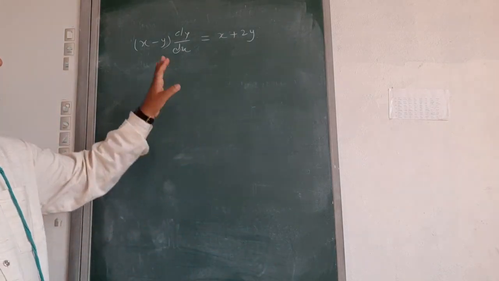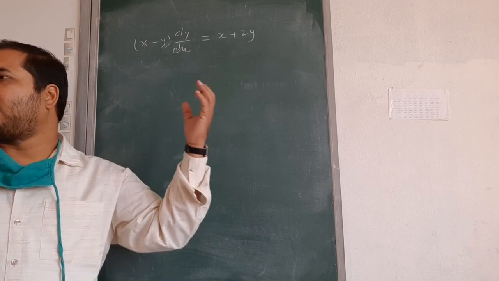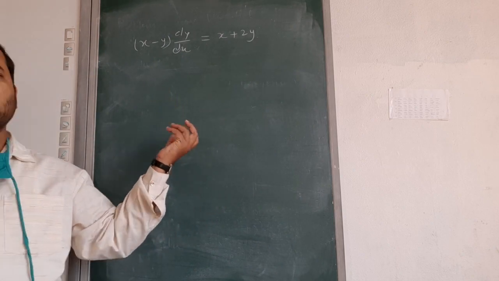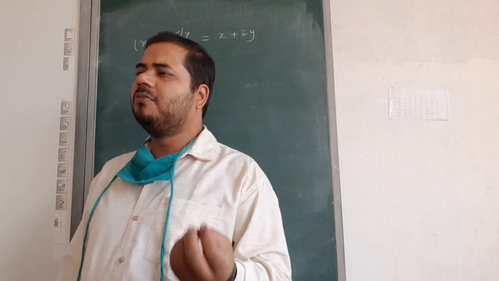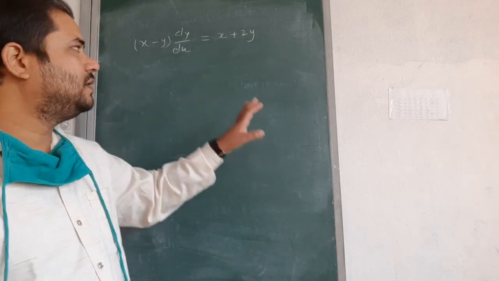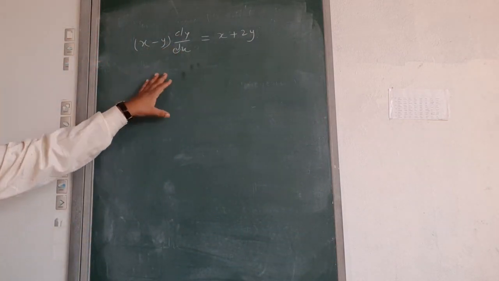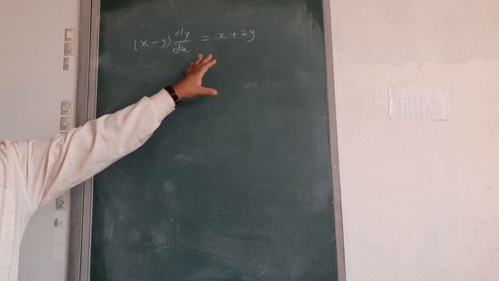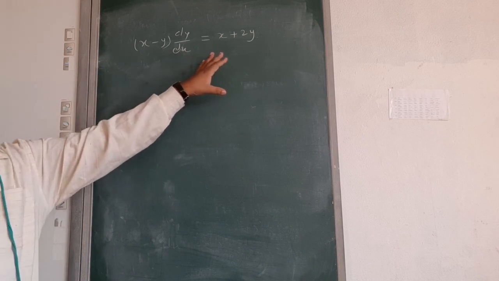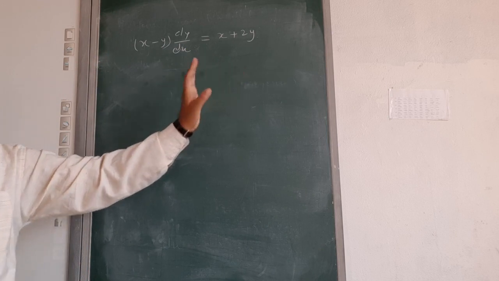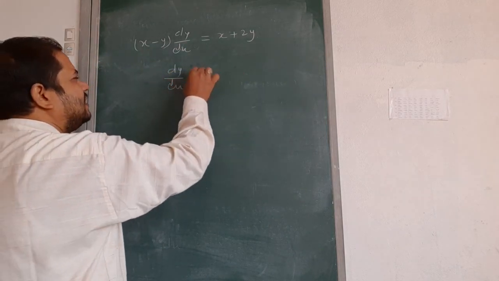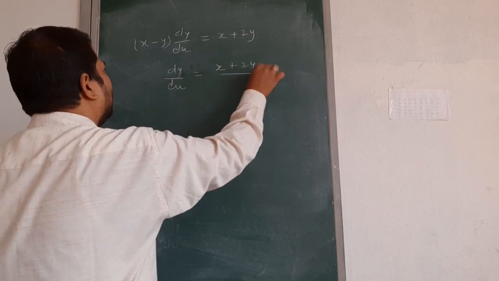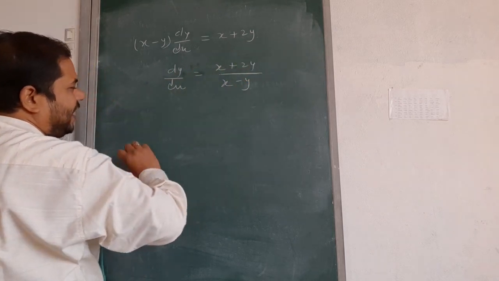Afterwards we see how to solve this homogeneous differential equation, that means the method of solving. But first we see whether this given equation is homogeneous or not. So first of all, we write it in the form dy by dx is (x plus 2y) upon (x minus y).